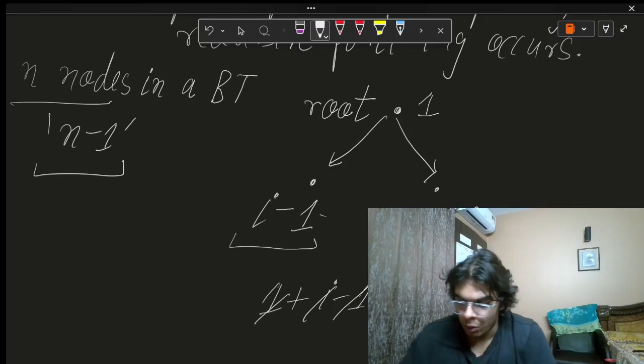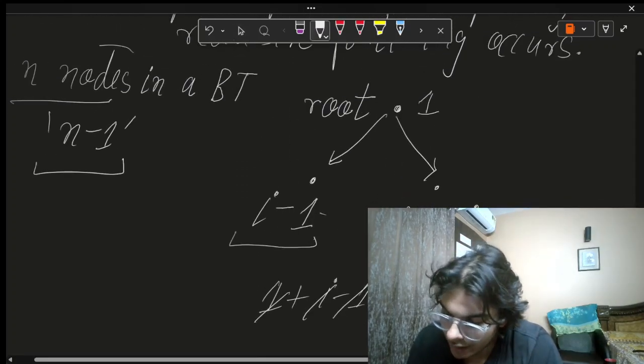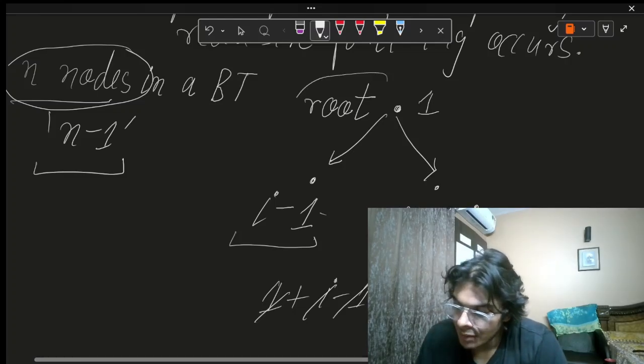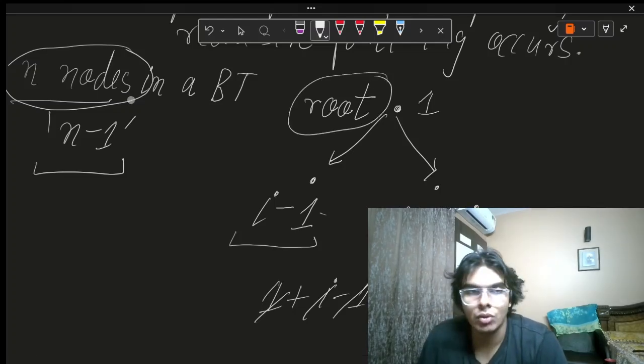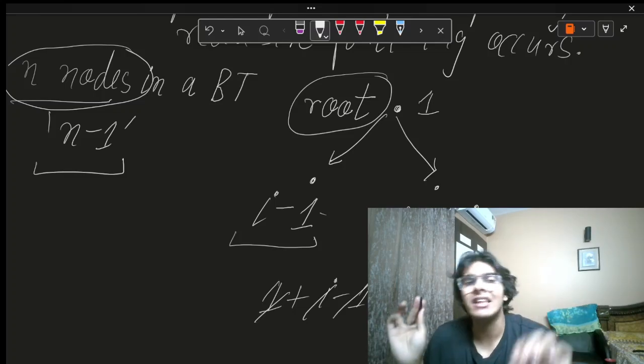Okay, now as we started, we have got n nodes in the binary tree. Which one of them can be the root? The answer is anything.